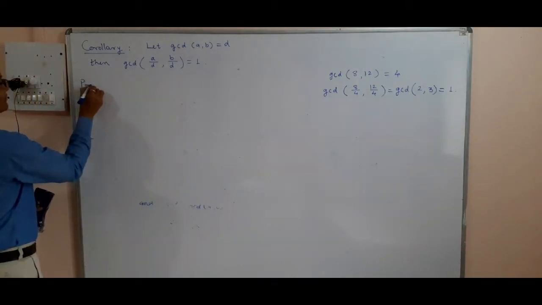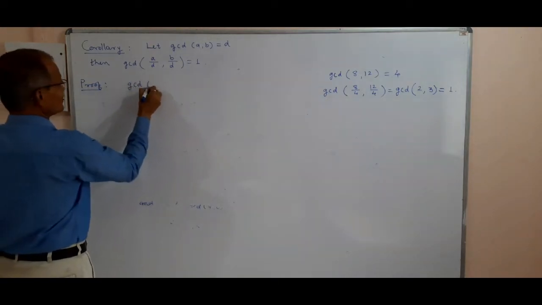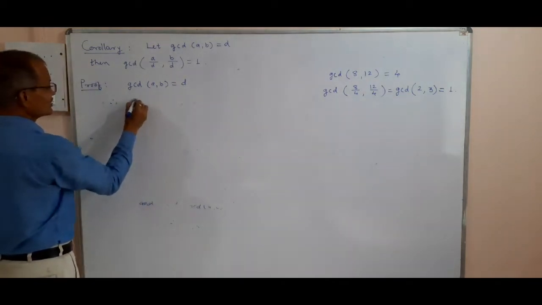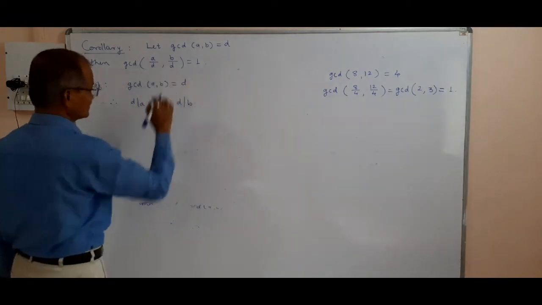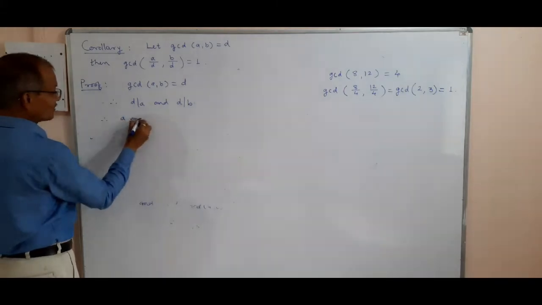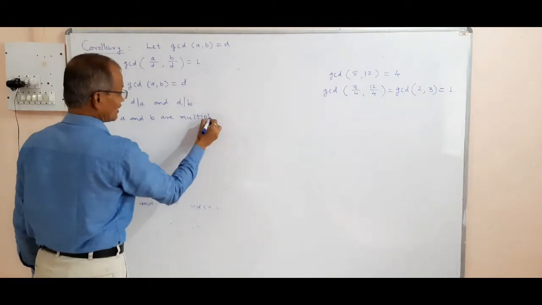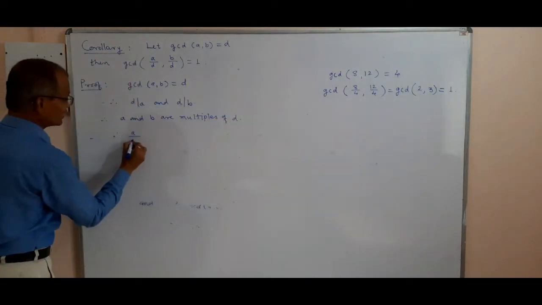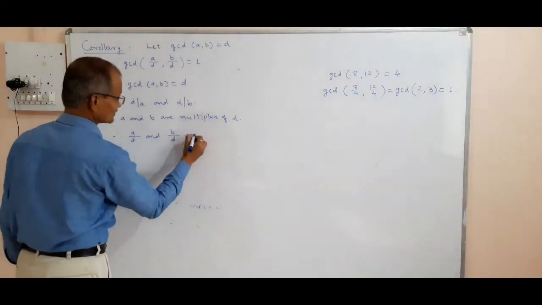Now the proof. GCD of A, B is D. So therefore this implies D divides A and D divides B. We shall first state that these are integers, that is, A and B are multiples of D. Therefore A divided by D and B divided by D are integers.